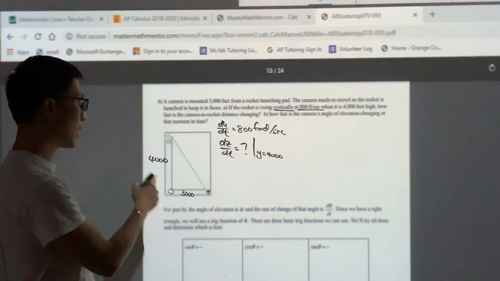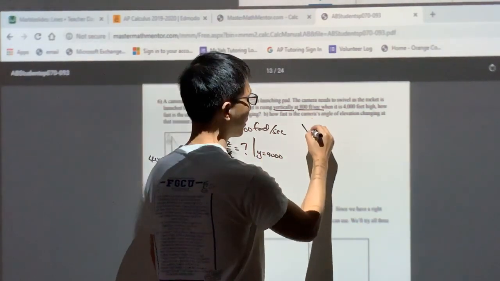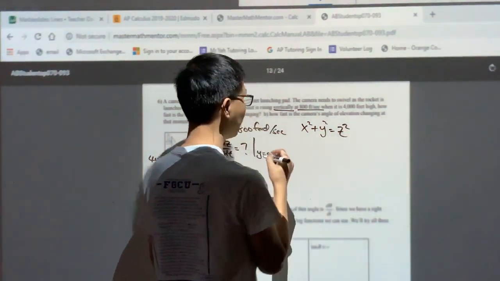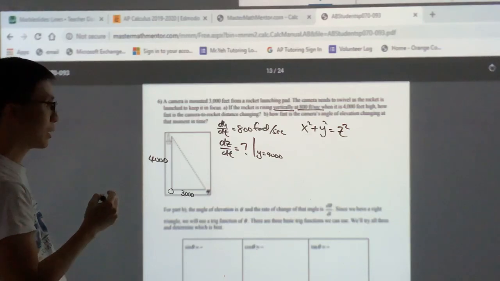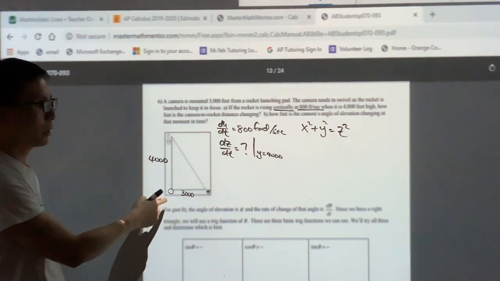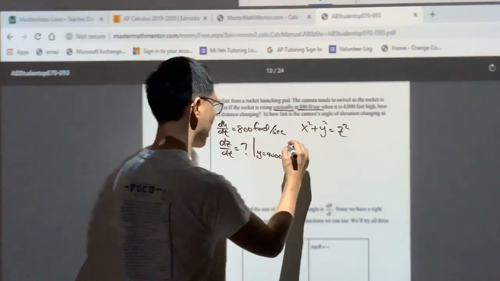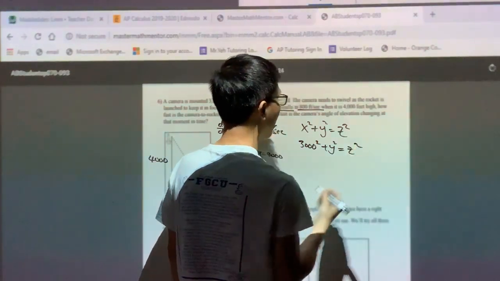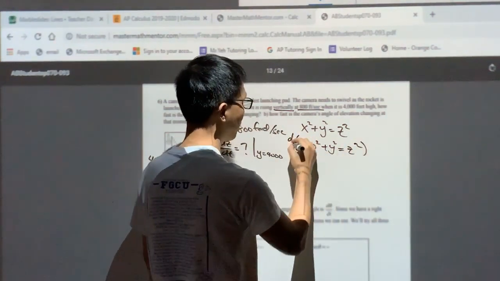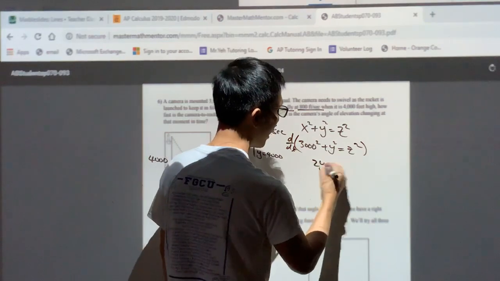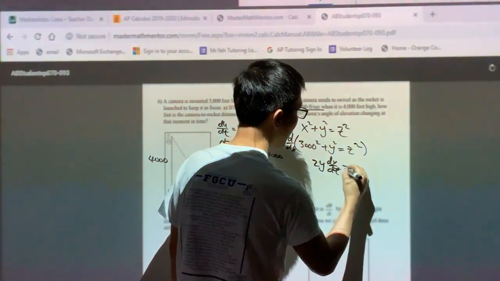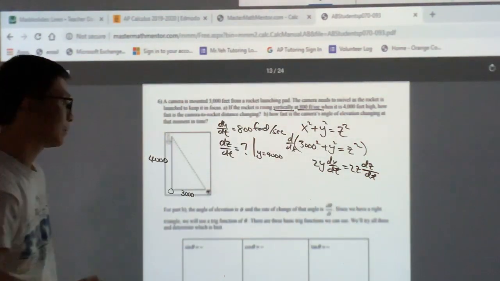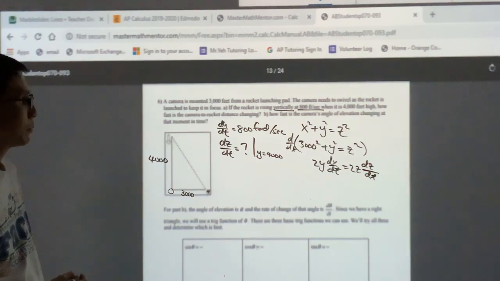So this one is basically the Pythagorean identity: x squared plus y squared is equal to z squared. The things that are constant, I will plug in first, which is the x in this case. So 3,000 squared plus y squared equals z squared. Taking a derivative with respect to time, I get 2y dy/dt equal to 2z dz/dt.